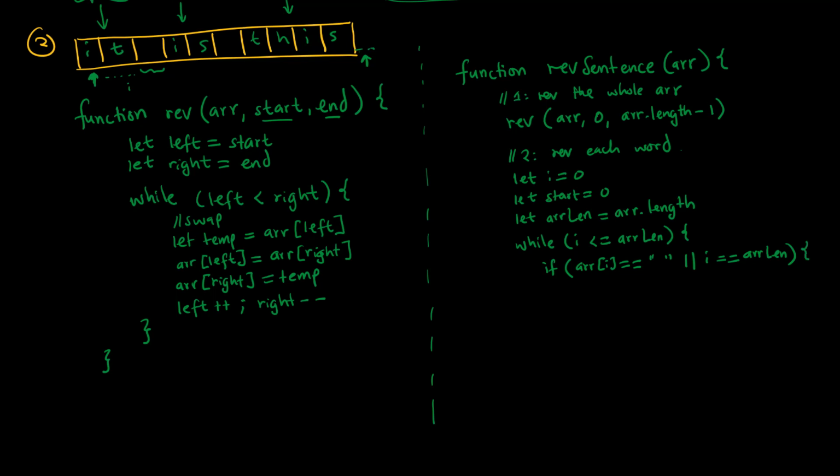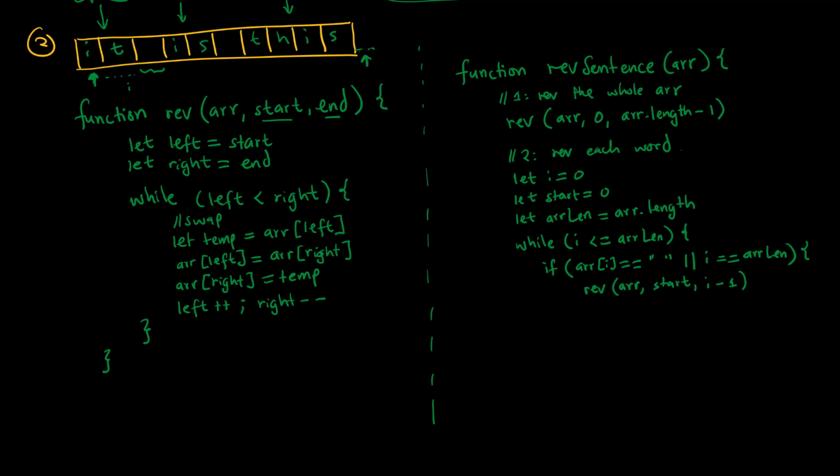Once we've gotten to the end of a word, we reverse that word because we know the start of that word. So give it an array, using our rev function again, give it the start, which is start here, and the end is i minus 1, just before the space or before the end of the array.